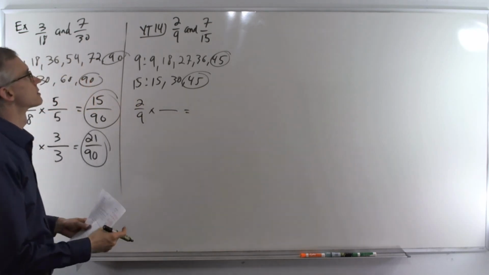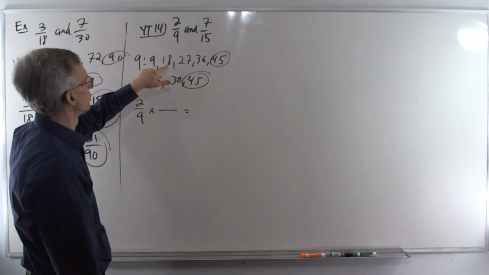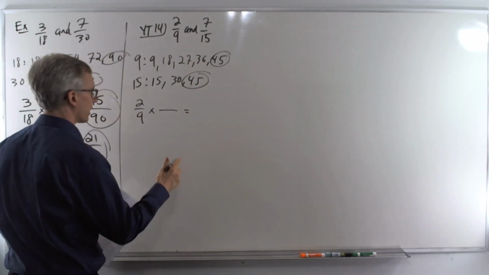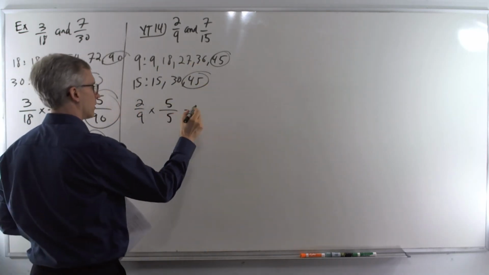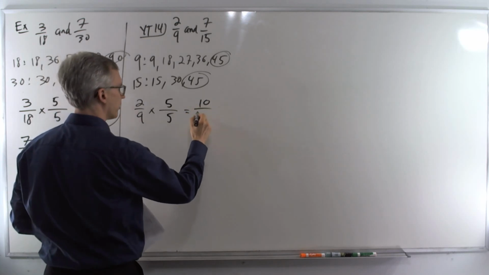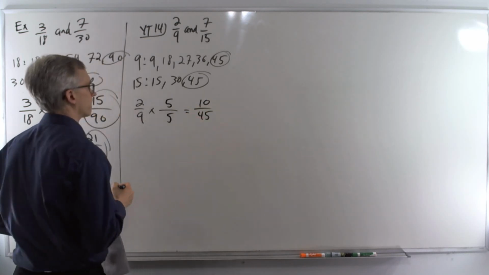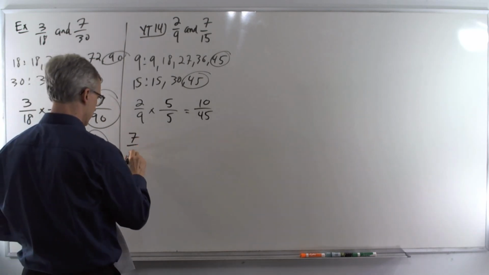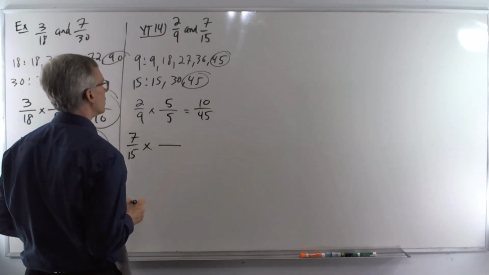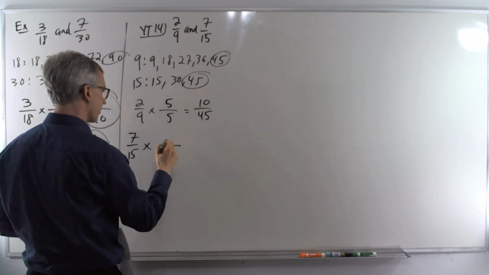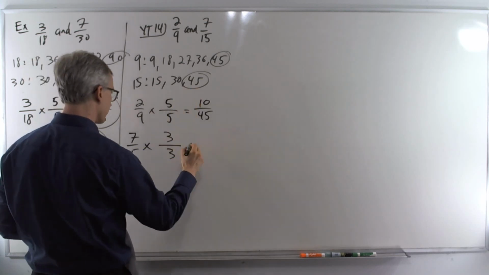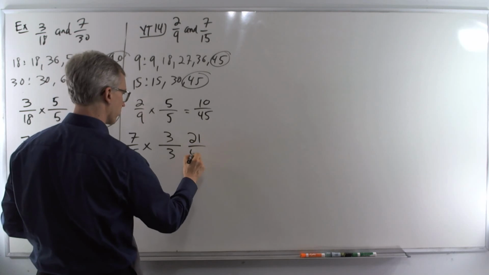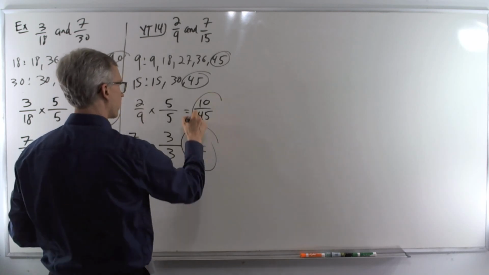For 2 ninths, 45 is the 1, 2, 3, 4, fifth multiple of 9. Multiplied by 5 over 5, we get 10 over 45. And for the second fraction, 7/15. In this case, 1, 2, 3, third multiple of 15, that gives us 21 over 45.